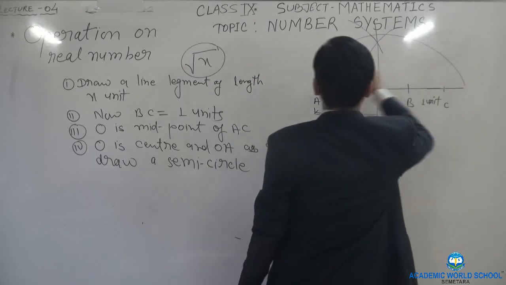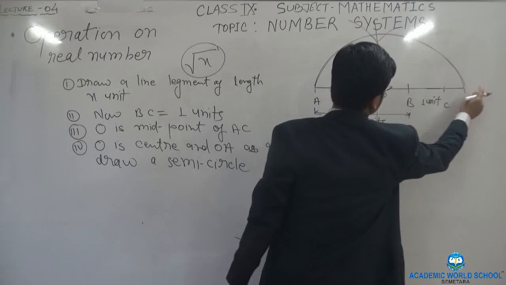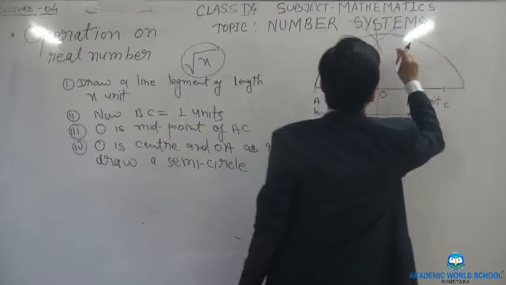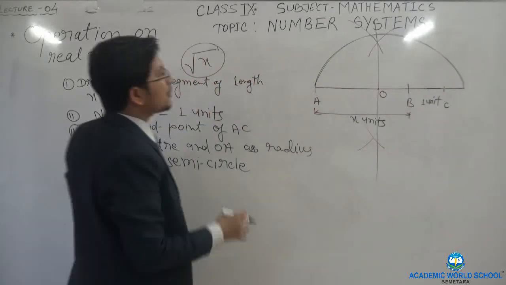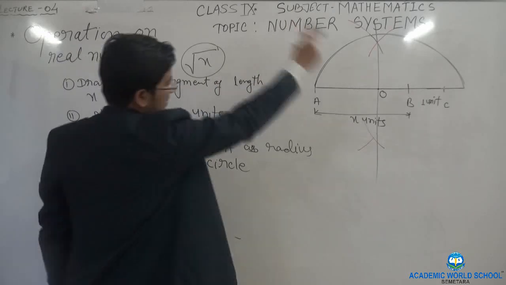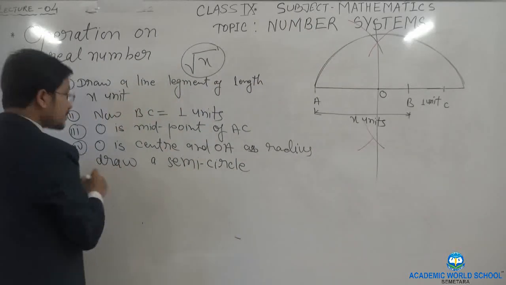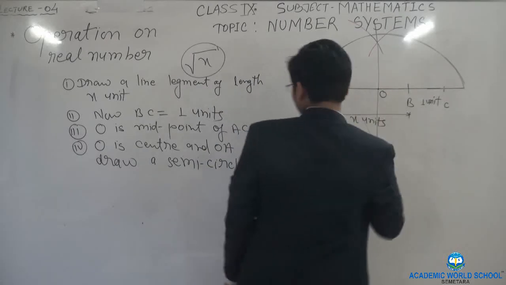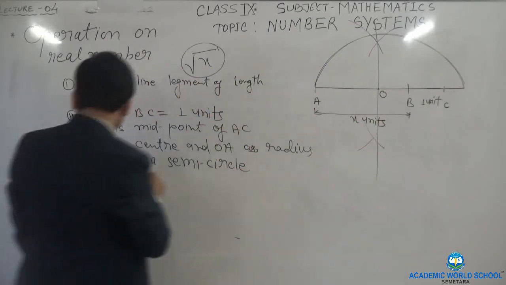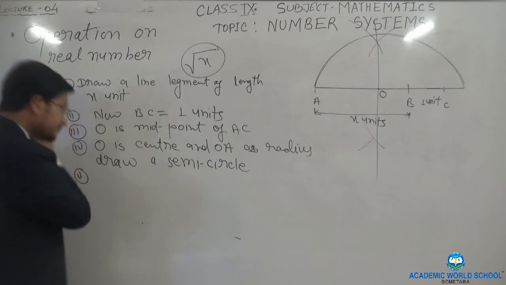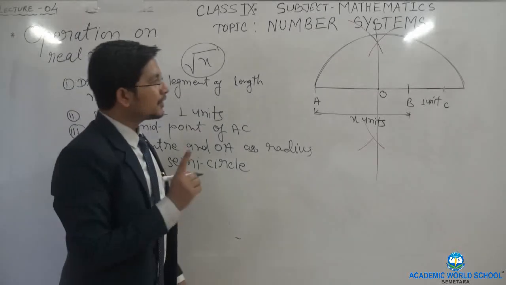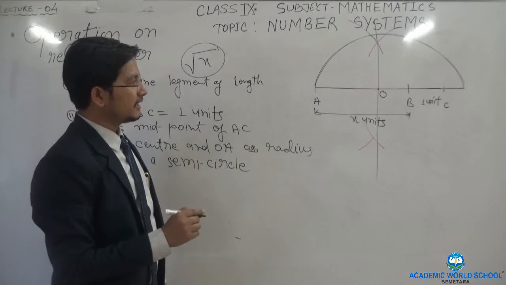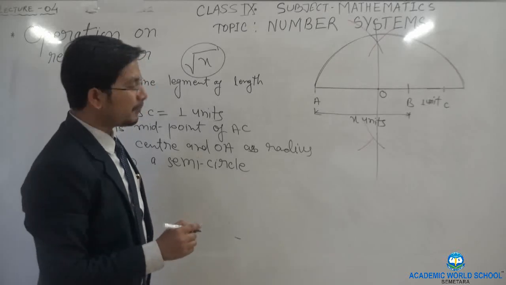So let's say this is a semicircle. With the help of a compass, you need to draw it. Okay, so this is a semicircle. After this, draw BD.